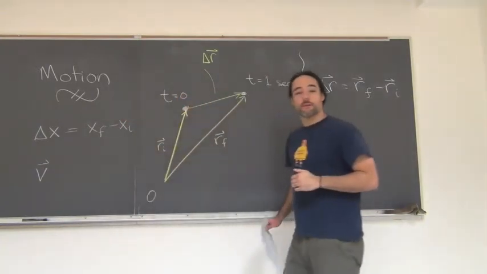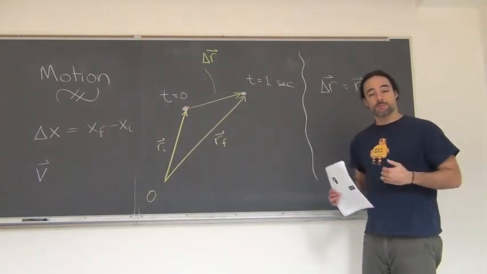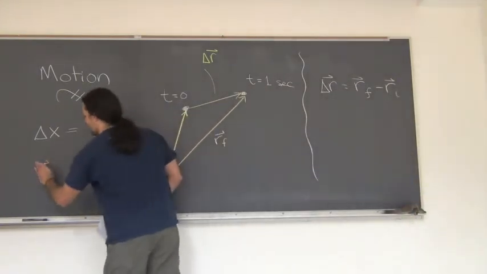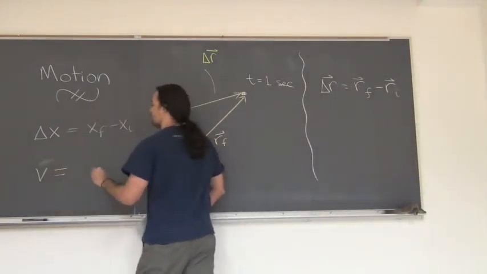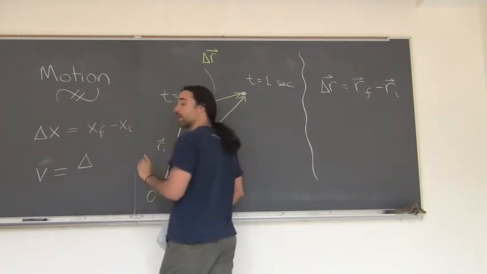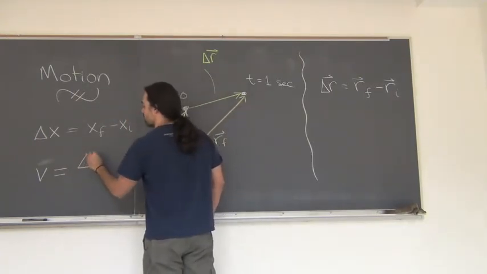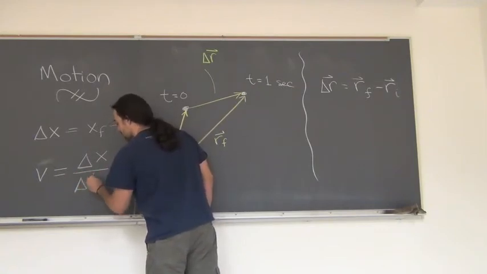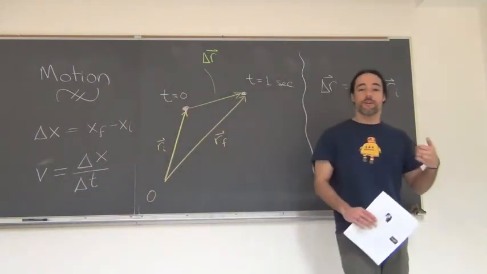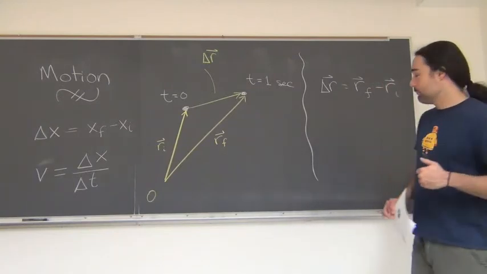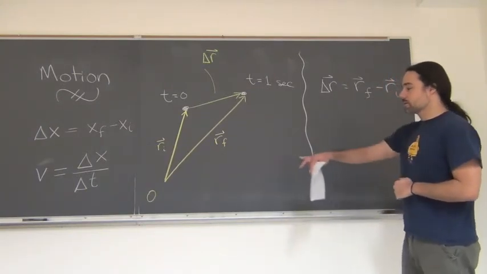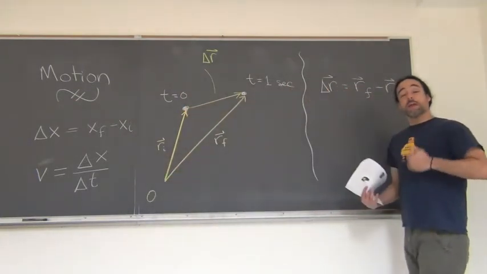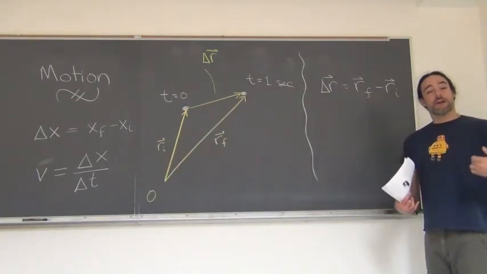Similarly, we described the velocity or speed of an object. We really did speed, because we haven't dealt with multidimensional vectors yet, as delta x over delta t. So the change in the position over the change in the time, or the displacement over the change in time, equivalent. So we can do the exact same thing to define our vector velocity.